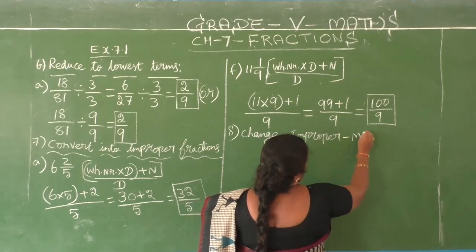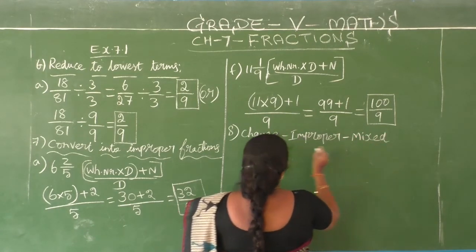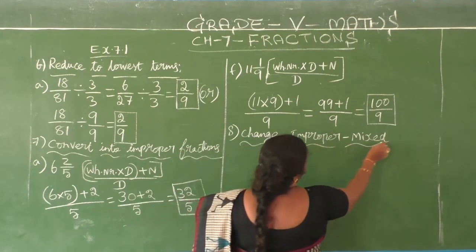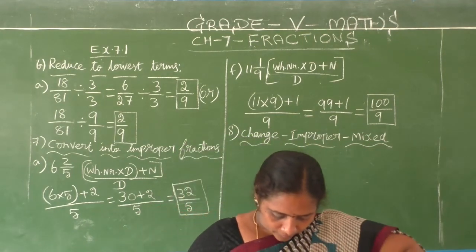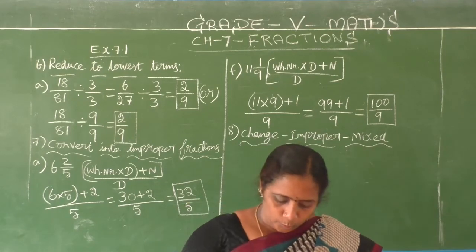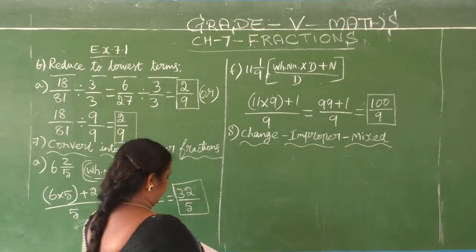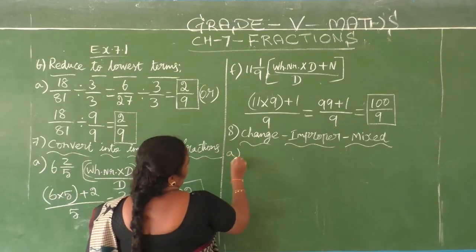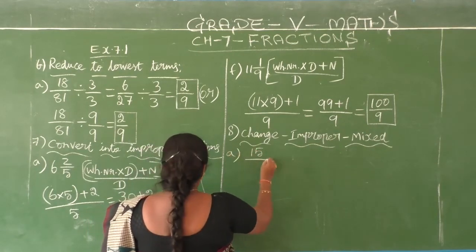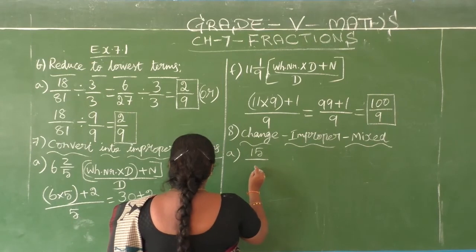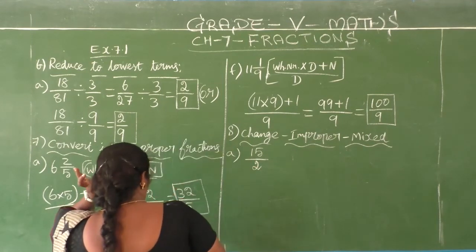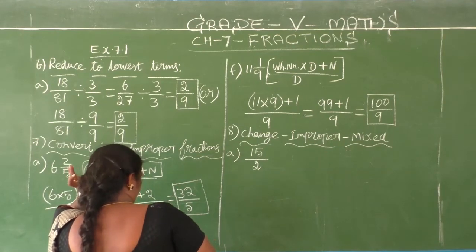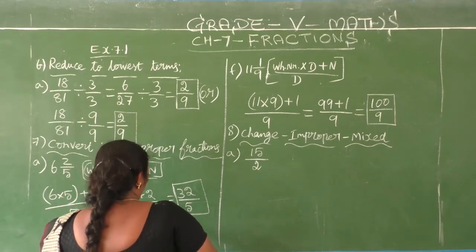So what is the first one? A sum: 15 by 2. So 15 by 2, what do we have to do?